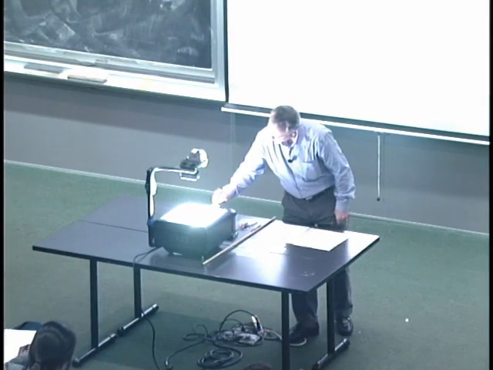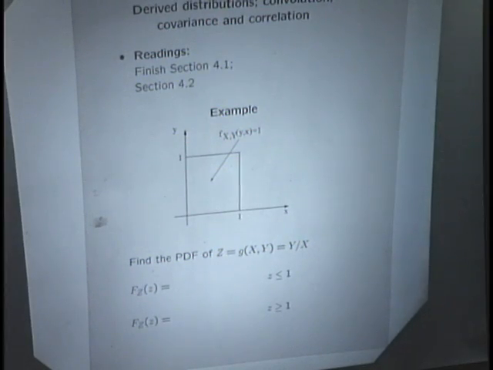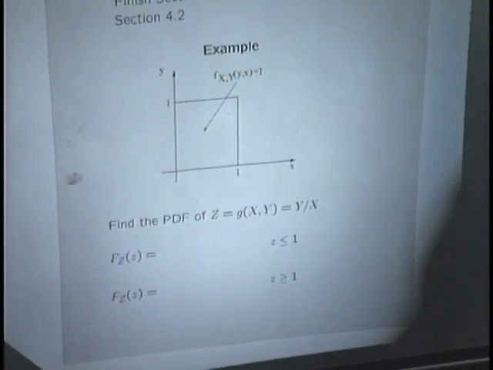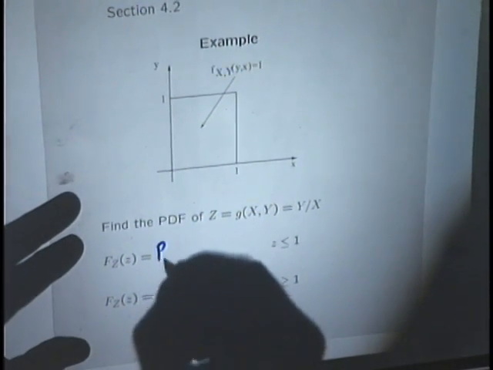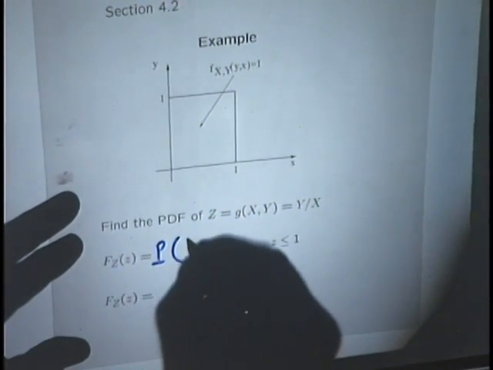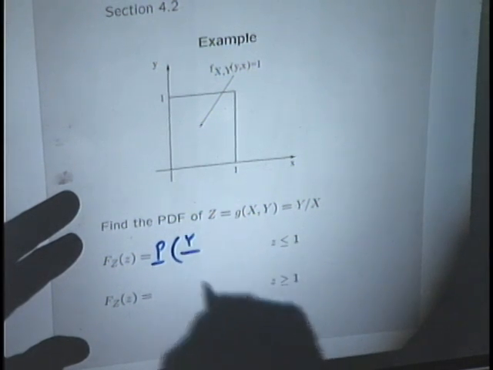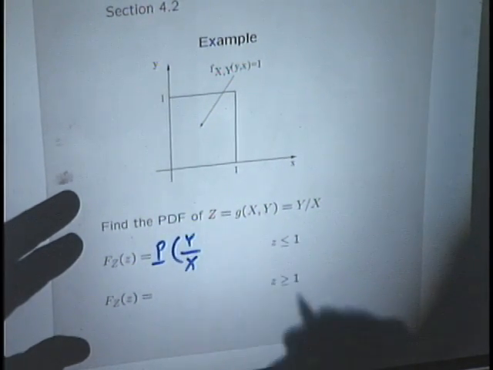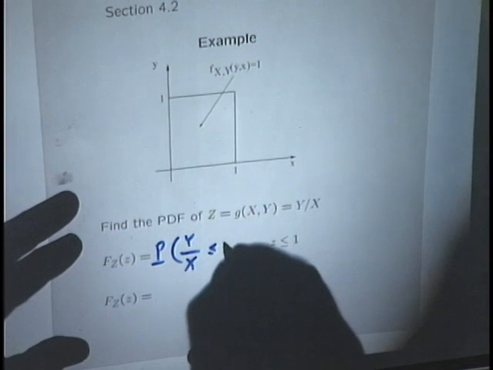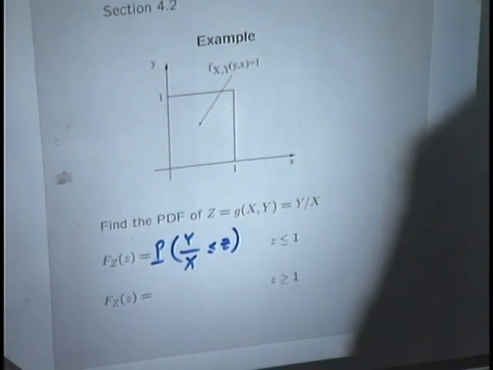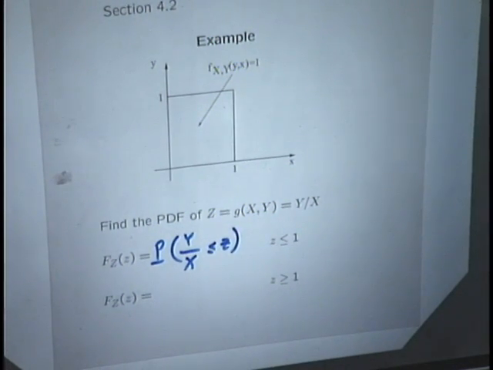By definition, the cumulative is the probability that our random variable is less than or equal to the argument of the cumulative. So this is the probability that our random variable is less than or equal to z. What is that?